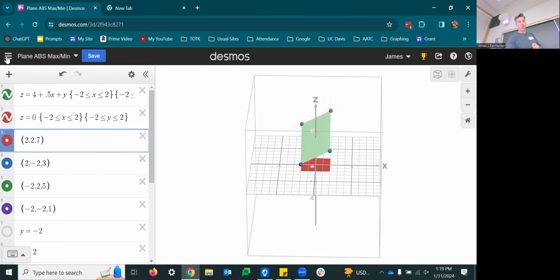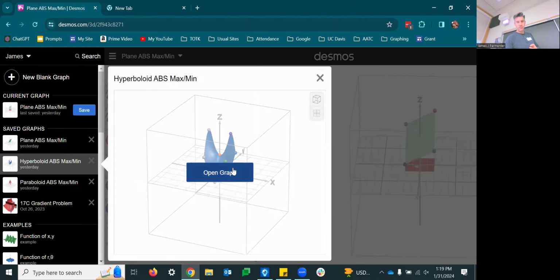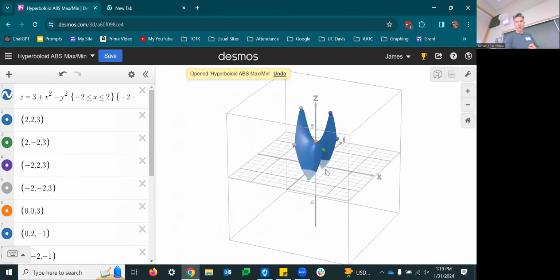And then thirdly, let me grab this again. If we look at this hyperboloid of one sheet, this one actually does have its absolute extrema on the walls, which I think is kind of cool.